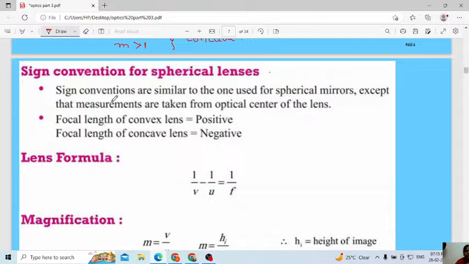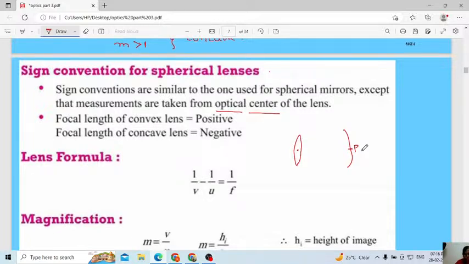Here the sign conventions are similar to the ones used for a spherical mirror, except the measurements are taken from the optical center. In the lens, we will consider the optical center, but in the mirror we will consider the pole. The center point is the pole in the mirror, but the optical center is the center point in the case of a lens. Only that one is the main difference.